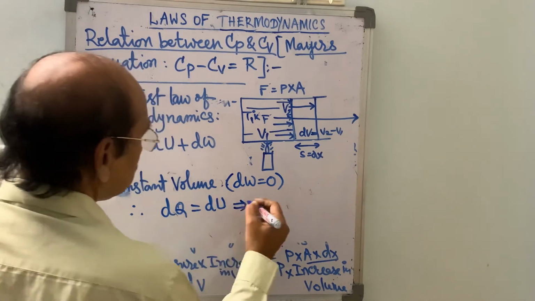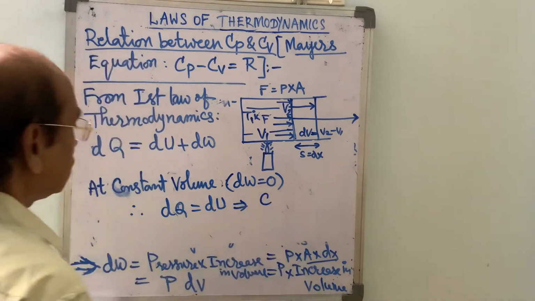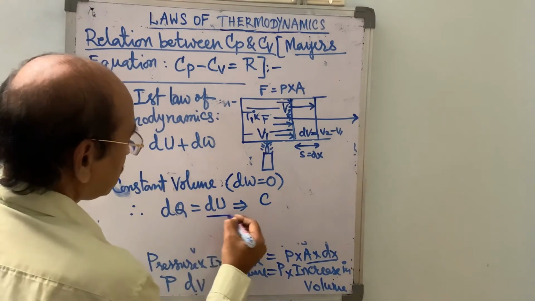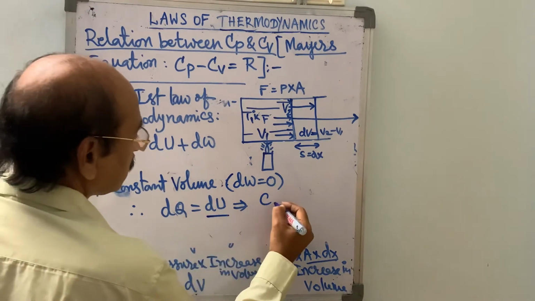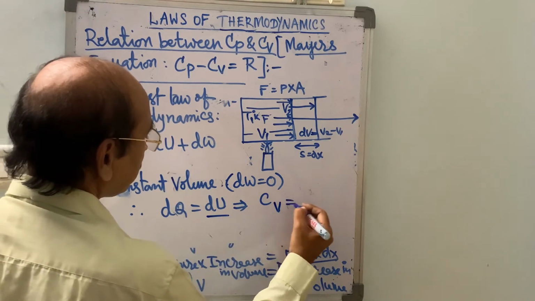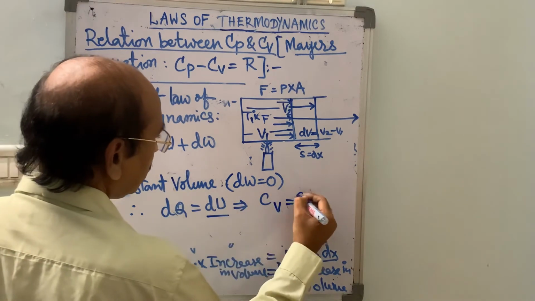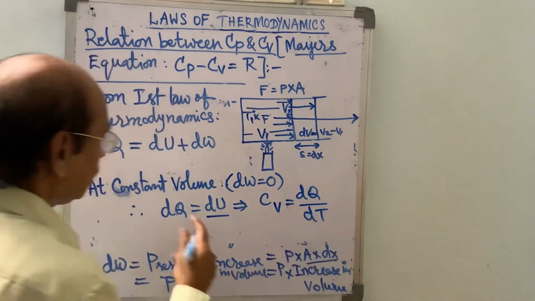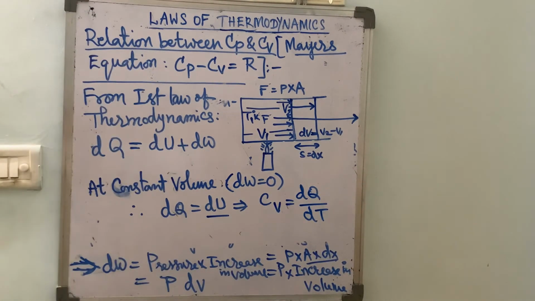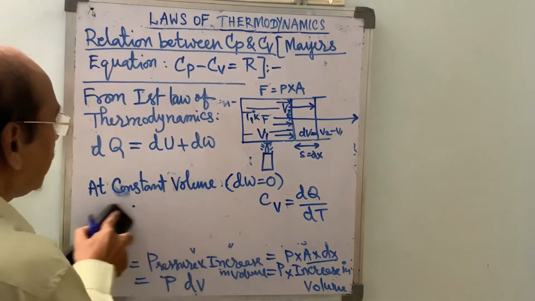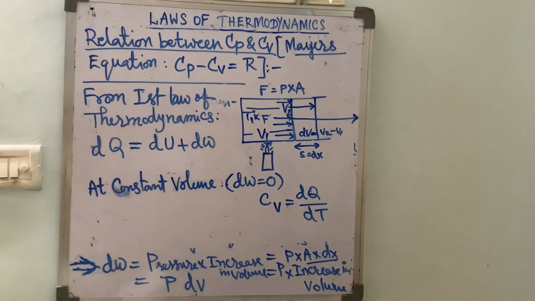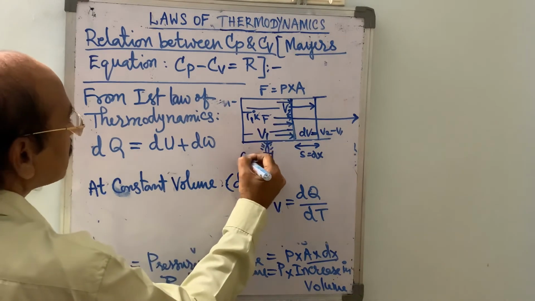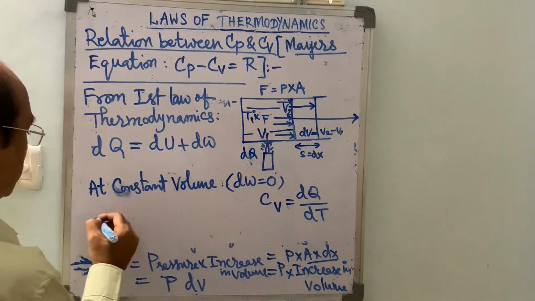From the definition of specific heat at constant volume, the heat energy supplied to the system at constant volume is denoted by Cv, and it is equal to dQ by dT. And at constant pressure, we supply heat energy dQ at constant pressure.